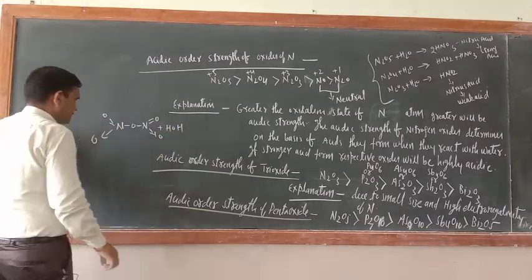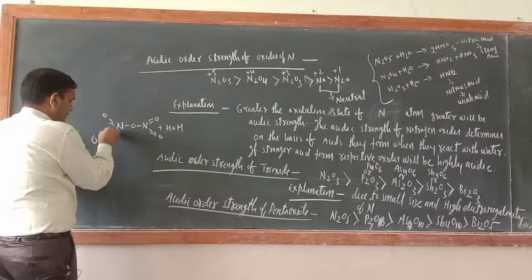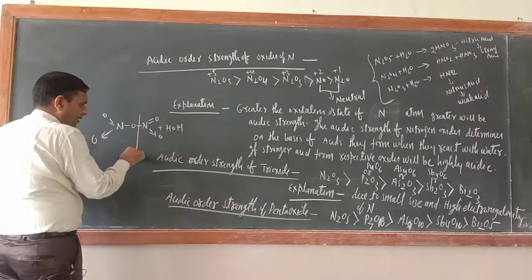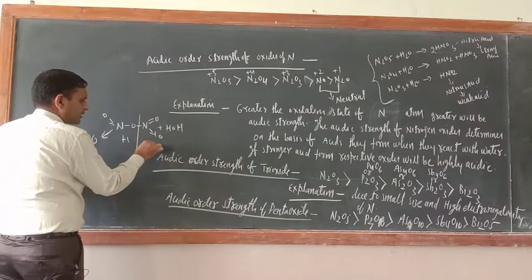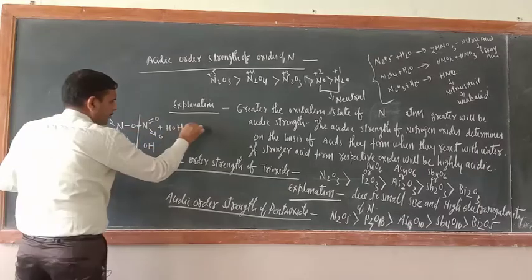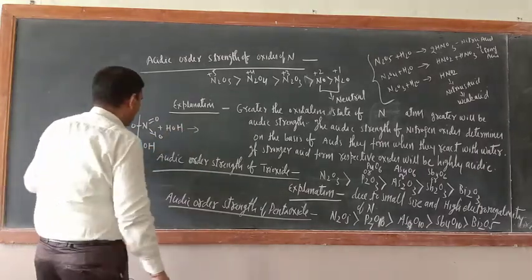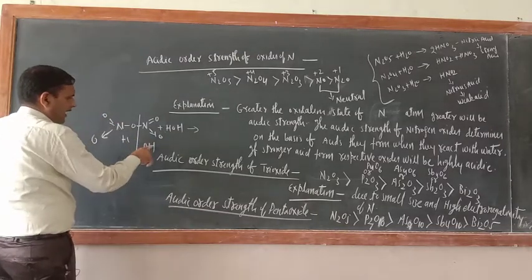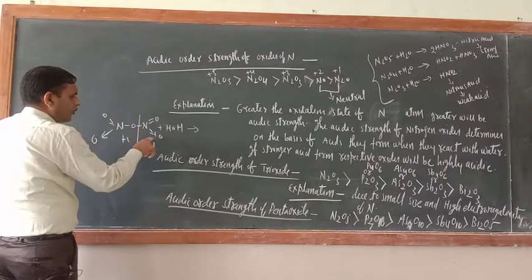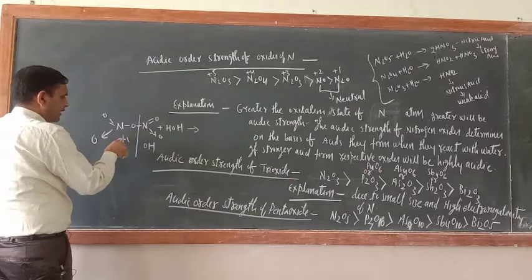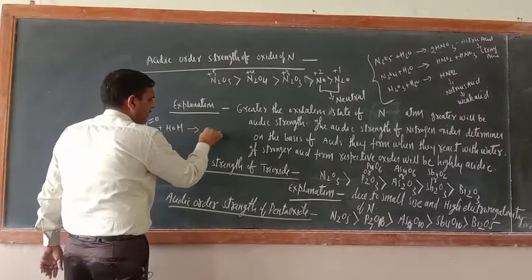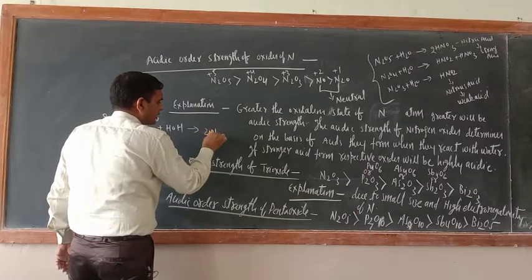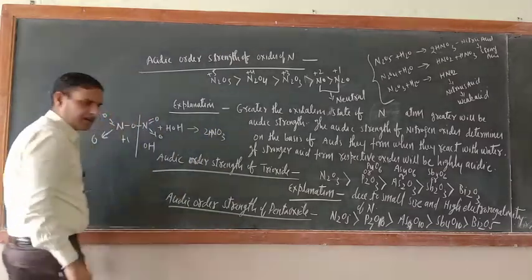Now you do one thing: break the bond from here and give one H here and another OH here. So just see what will form here: HNO3, and here also HNO3. So directly we can write 2HNO3, correct or not?